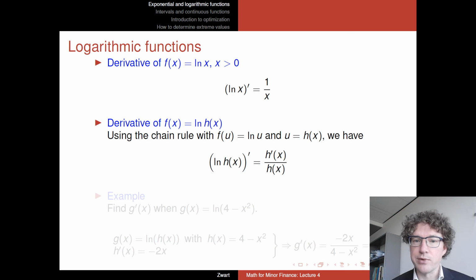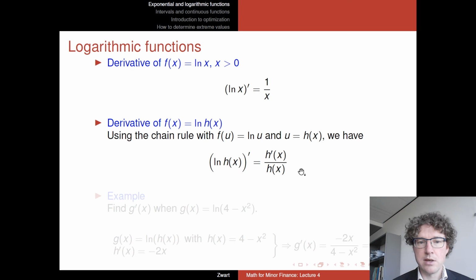So how do we compute the derivative of that? Via the chain rule, we multiply the derivative of the interior function, h prime of x, by the derivative of the log of h of x, which is going to be 1 divided by h of x, because the derivative of the log is just 1 divided by what's inside.